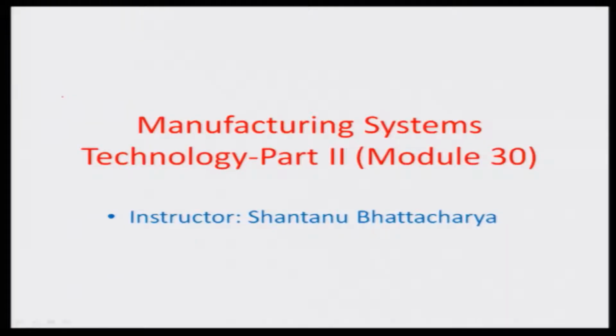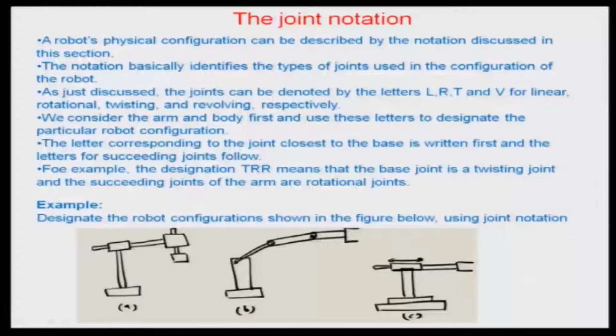We were discussing the various joint configurations and how you represent them in terms of notations. In line with this, we had done several joint notations earlier, where we start from the body side of the robot.